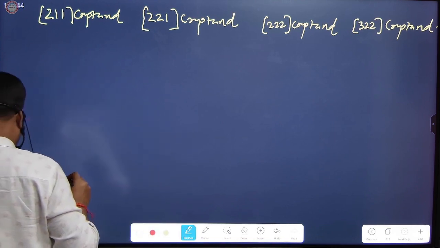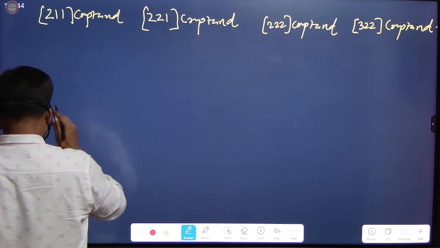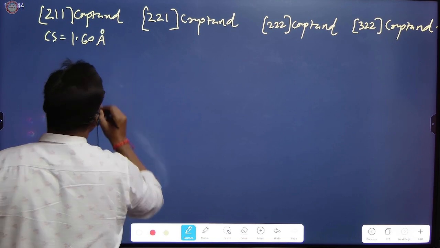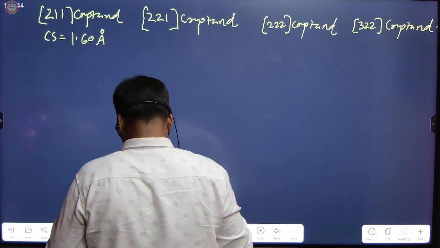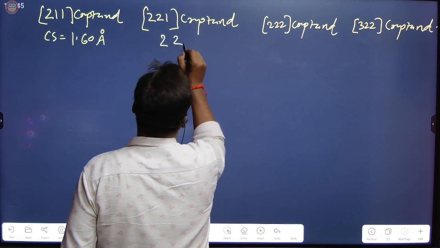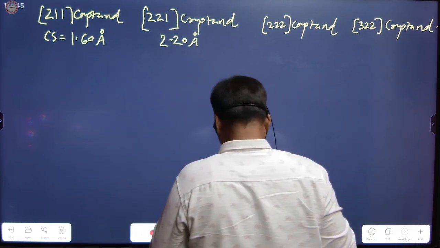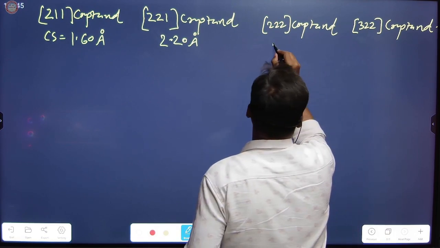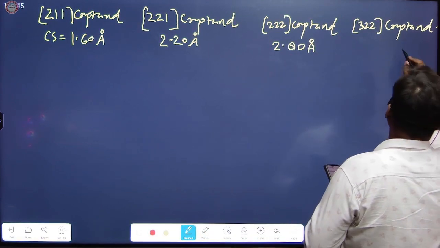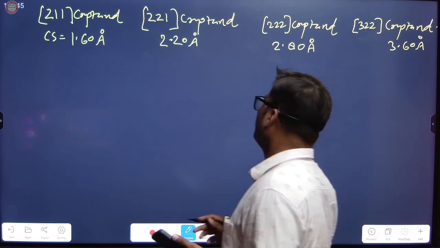And the cavity size of this cryptand is 1.60 angstrom, and the size of this cryptand is 2.20 angstrom, and the size of the next is 2.80 angstrom, and finally it has 3.60 angstrom, right?